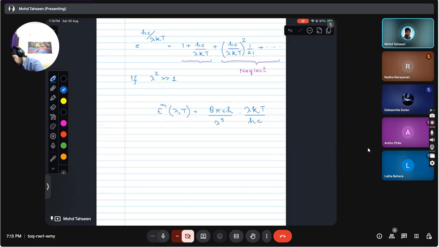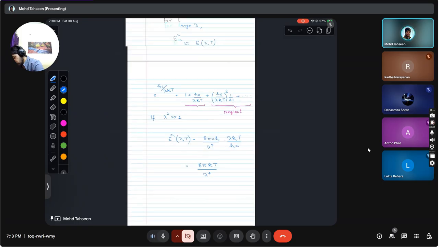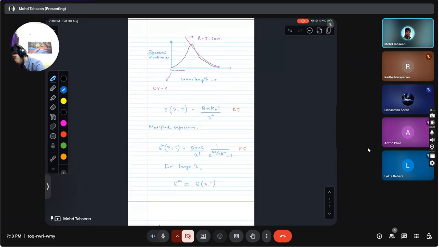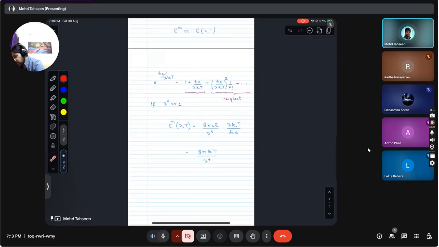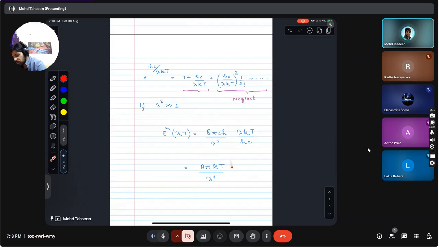And if we evaluate that, it will be equal to 8 pi kT over lambda to the 4. And this is the exact same law as predicted by Rayleigh-Jeans. So in the large wavelength limit, Planck's law reduces to the Rayleigh-Jeans law.